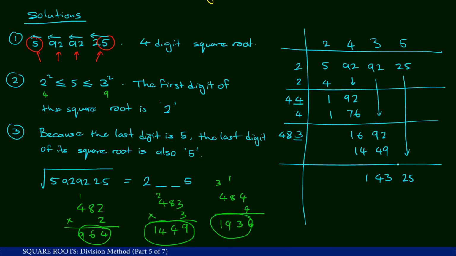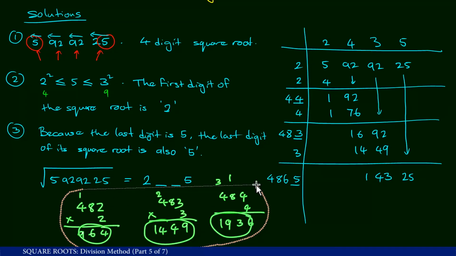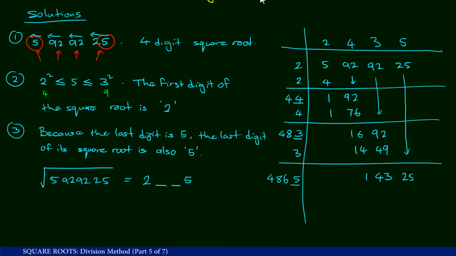Oh, by the way, we have already figured out the last digit, but let's just do it for the sake of completing it. So we need to add 3. 483 plus 3 becomes 486. And the next digit is going to be 5. But let's verify whether or not it is correct. Let's do it here in the space. 4865 times 5.